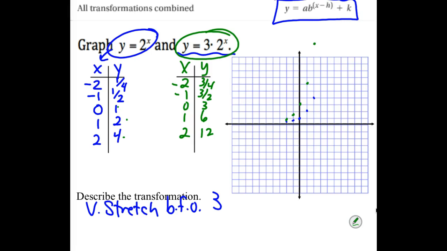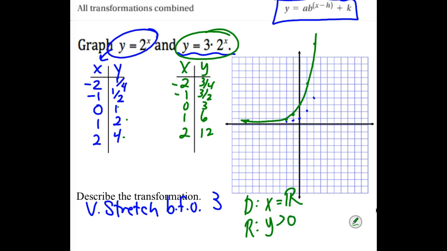Will it still level off just above the x-axis? Yes. So we have a steeper curve, but it's still going to level off right above the x-axis. What would the domain and range for this one be? x is all reals, good. y? Greater than 0, good.